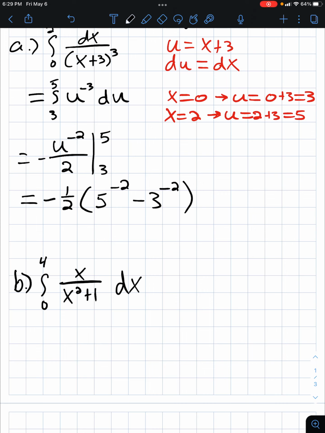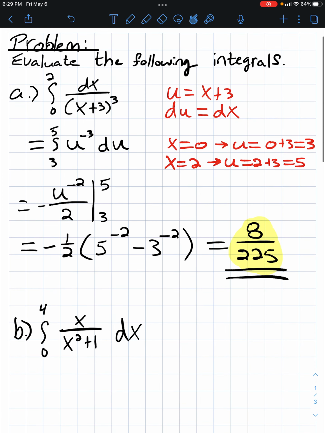And if we plug this into a calculator, this will be equal to 8 divided by 225. And that will be our solution for our definite integral for part A. So the integral from 0 to 2 of dx divided by (x plus 3) to the third is equal to 8 divided by 225.